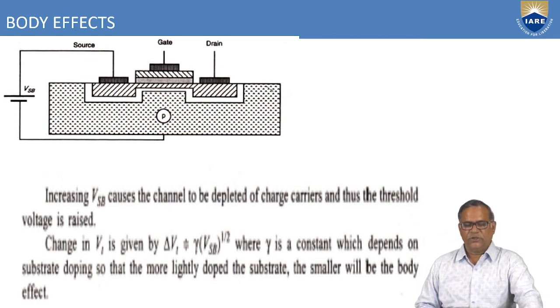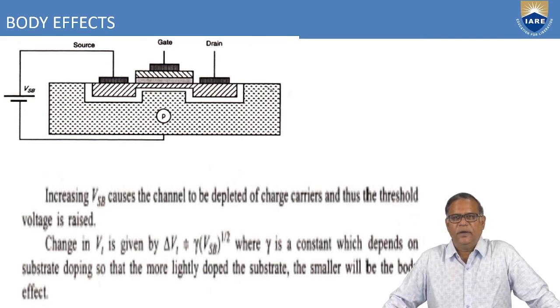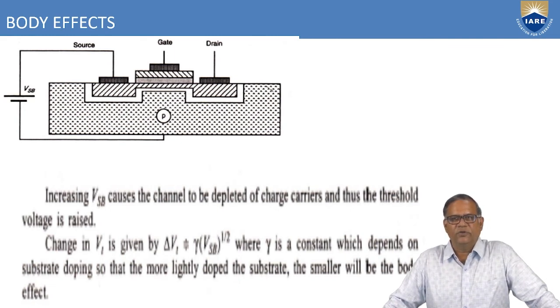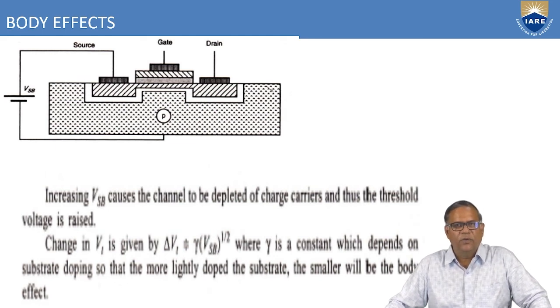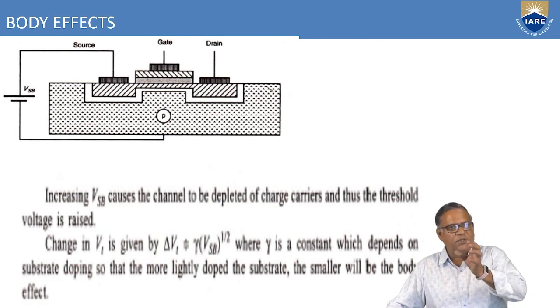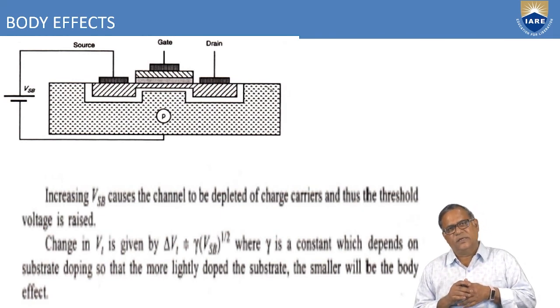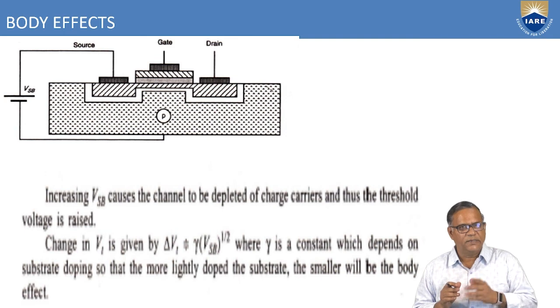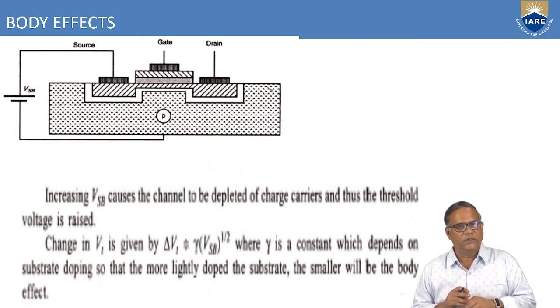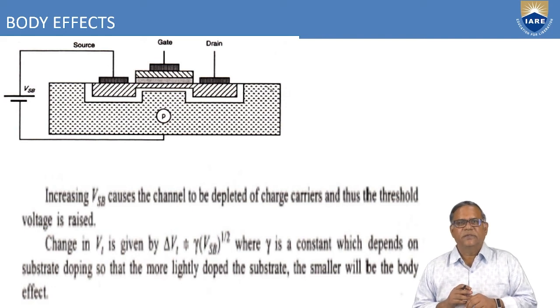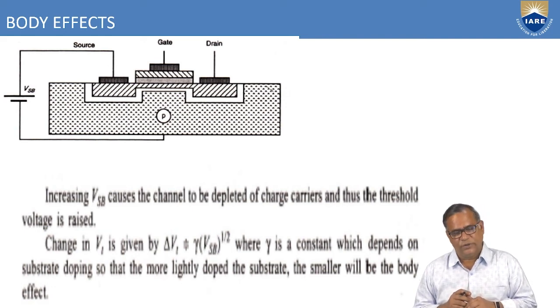So the change in threshold voltage is given by gamma into VSB to the power 1 by 2, where gamma is a constant and depends upon the substrate doping, so that the more lightly doped the substrate, the smaller is the effect. So the change in the threshold voltage depends upon the doping as well as the substrate bias. In case of light doping, the changes in the threshold voltage are negligible, but in that case, it depends upon the VSB voltage.